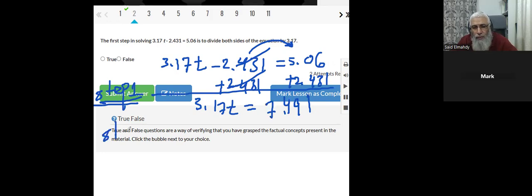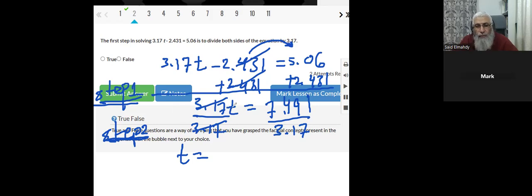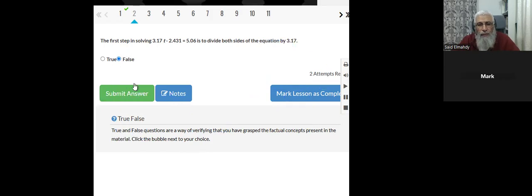Now step number two, you divide by 3.17 on both sides of the equation. Now t could be a number like 2 point something. So this is false. The first step is adding 2.431.